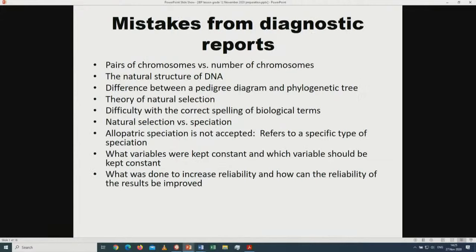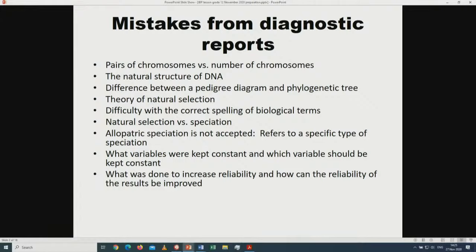Now, in previous diagnostic reports nationally, there were mistakes that were made by candidates, and that led them to forfeit marks and lose marks that were easily achievable. One of the mistakes that was made is differentiating between the pairs of chromosomes and the number of chromosomes.